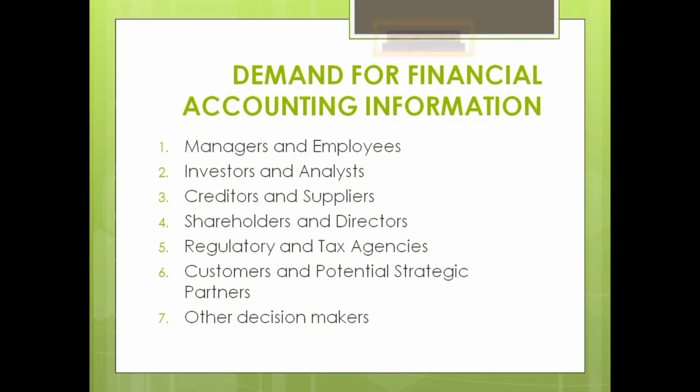Why would the creditors extend loans to the corporations if they don't have the capacity to repay the loans? So, of course, the creditors, for example, the banks and the lenders, need to see the financial accounting information of the company.